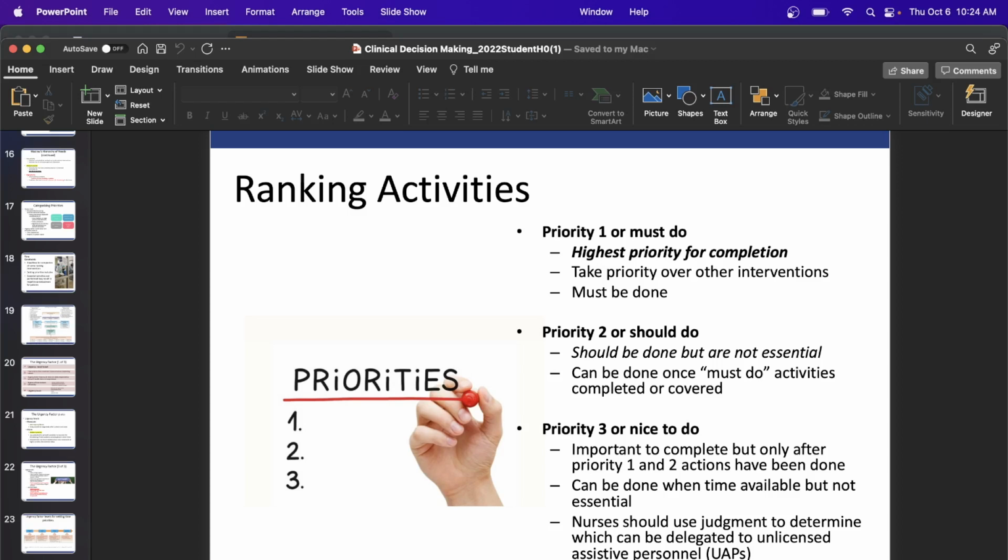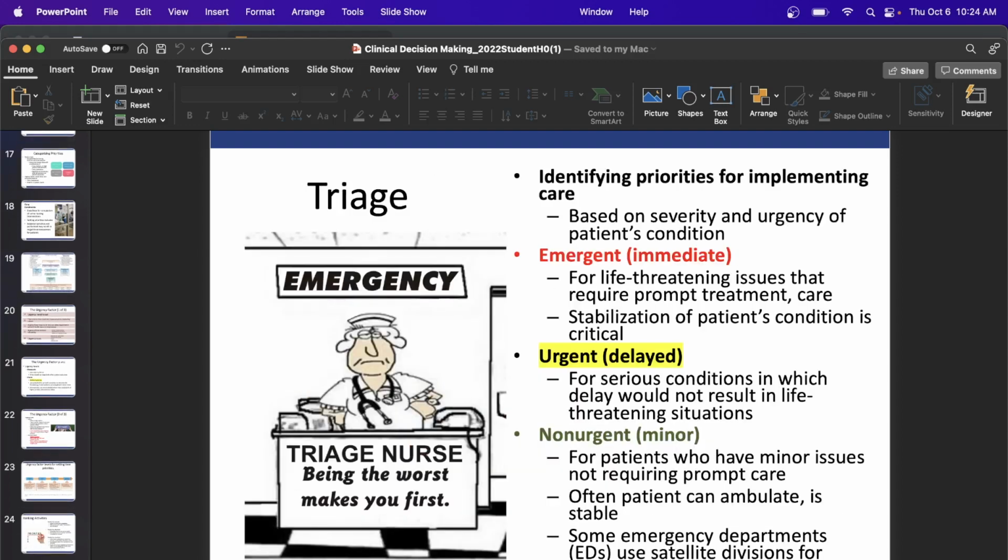So for those of you who will be going to the ED, hopefully you can ask for your observational experiences. You can ask your co-assigned nurse if you could spend a little bit of time with the triage nurse, because triage nurses in the ED are the masters, the absolute masters of clinical judgment. They have 1,000 factors to consider at once.